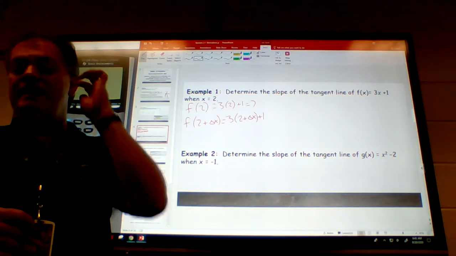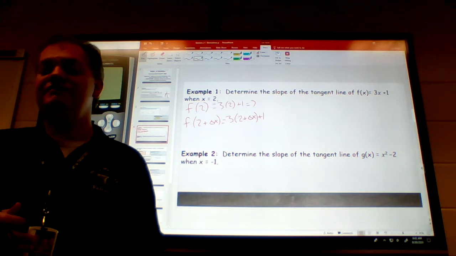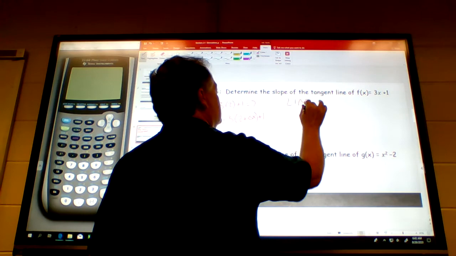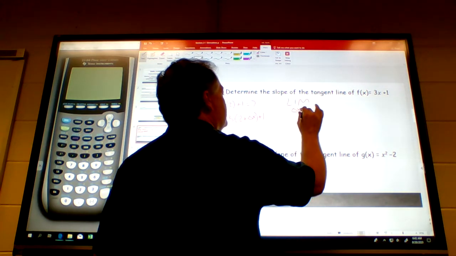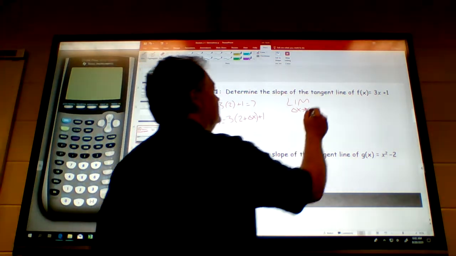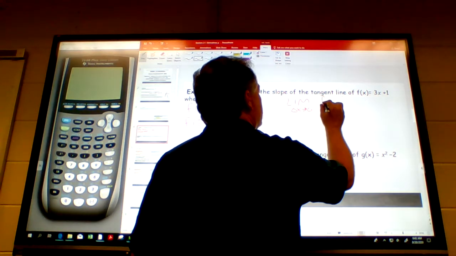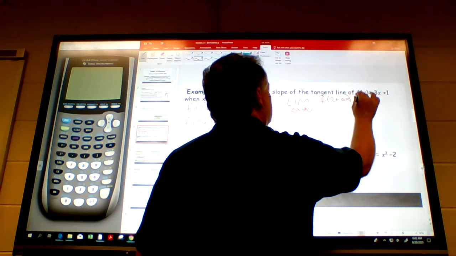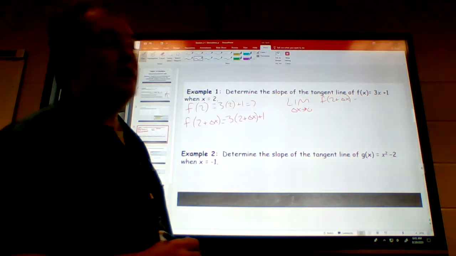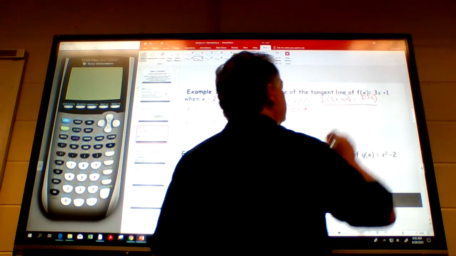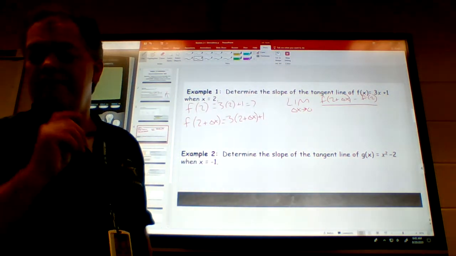All right, now to determine the slope of the tangent line, here's what we do. We simply take the limit as delta x approaches 0 of f of 2 plus delta x minus f of 2 all over delta x.